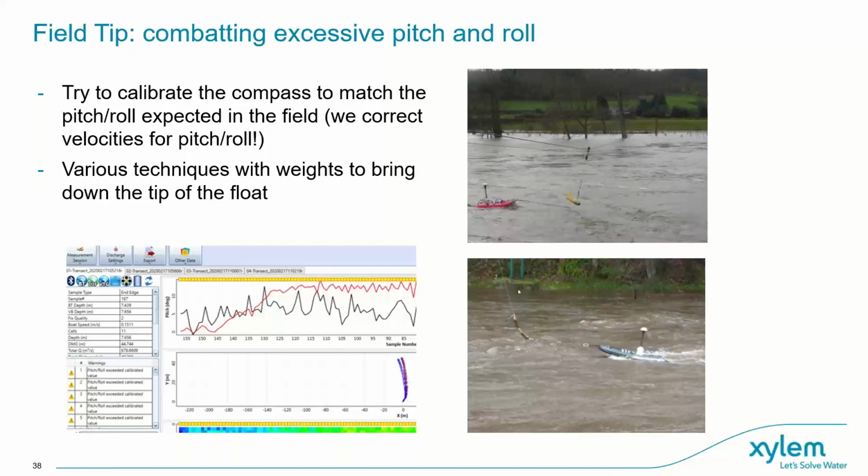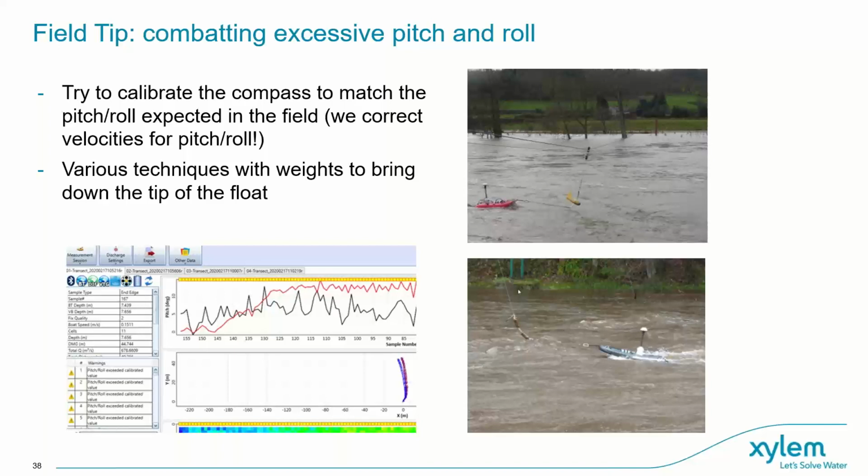And then in terms of trying to get the front of the boat or the bow of the boat down, there are various techniques that people use that work. Two of them are shown on the right here with these photos, and so there are different types of weights and different types of systems that you can rig up in order to really weigh down the front of the boat, especially during a flood event or high velocity measurements where your boat tends to pop up at the front.